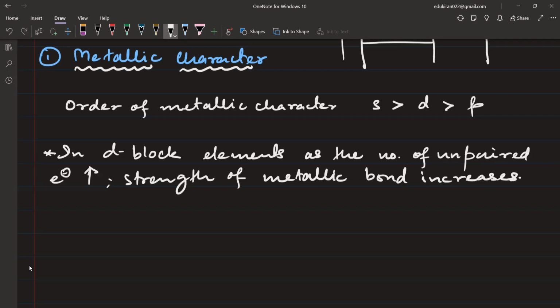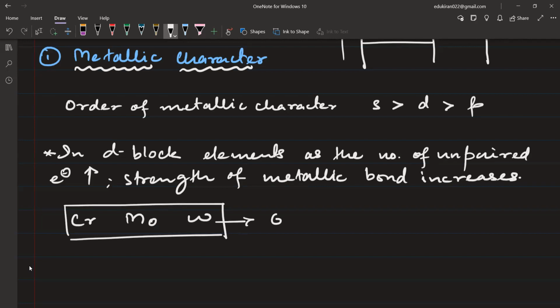Okay, next thing is that we have just seen chromium, molybdenum, and tungsten. All of these are having how many unpaired electrons? These are having 6 unpaired electrons.